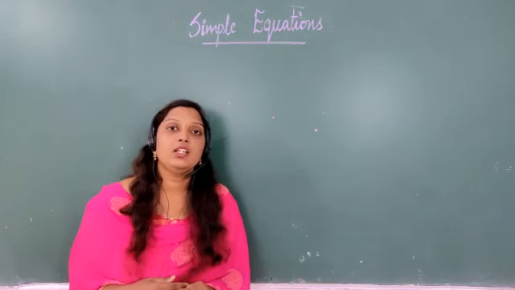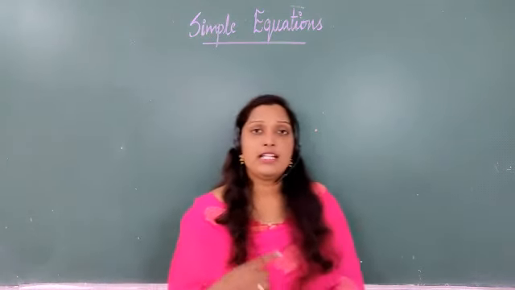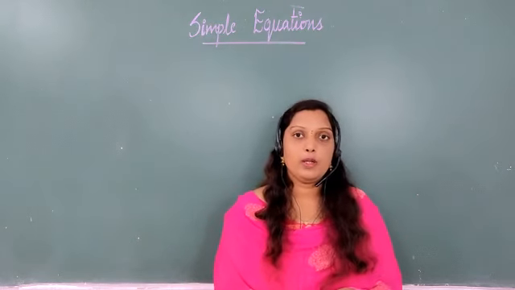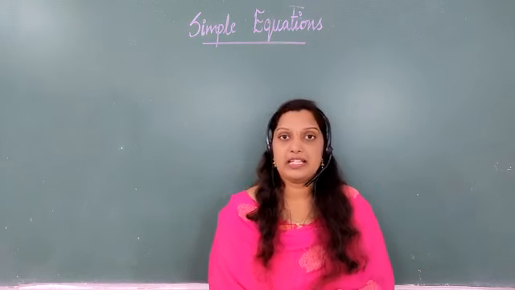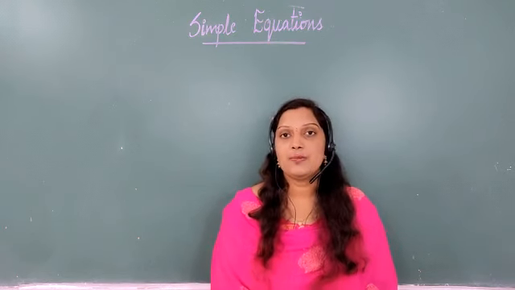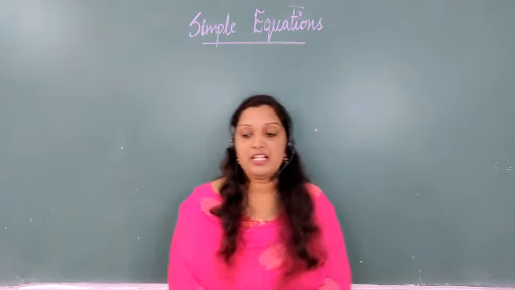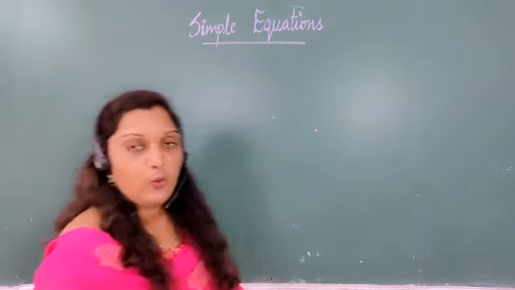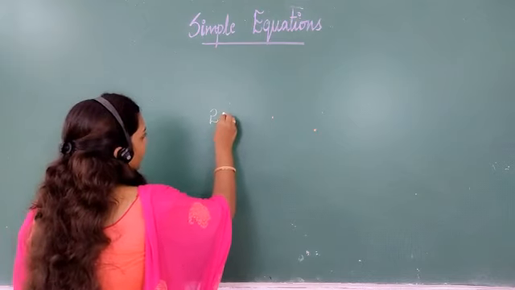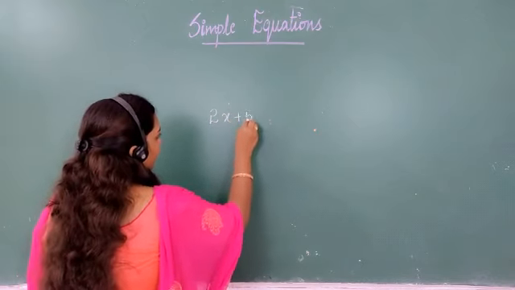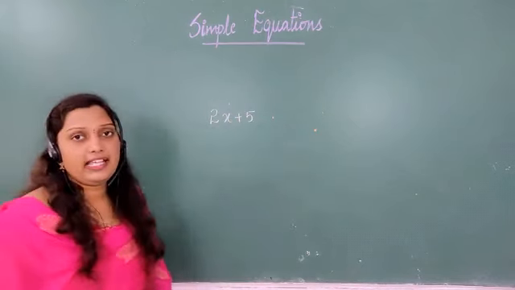To begin with, first you have to understand what an equation is. In the previous class you learned what an algebraic expression is. It is a mathematical expression containing a variable. If I write 2x plus 5, this is a mathematical expression.